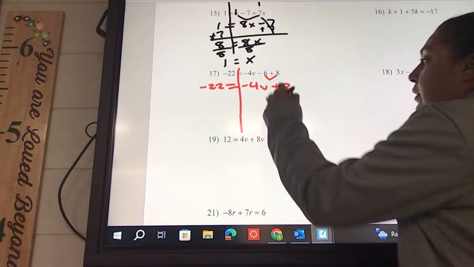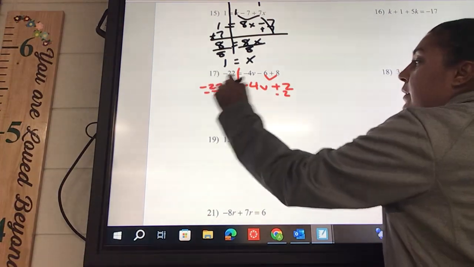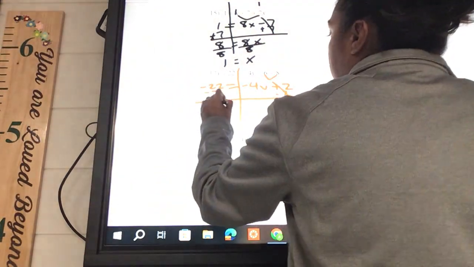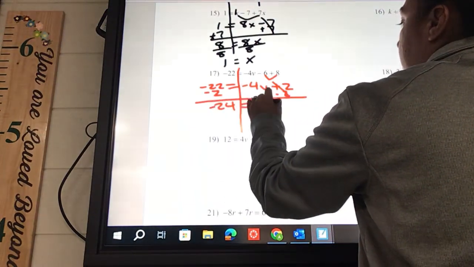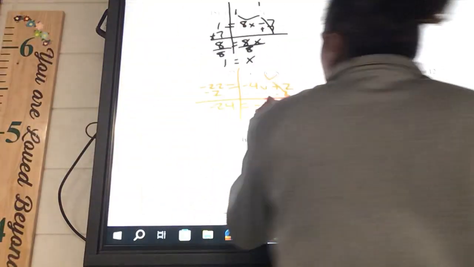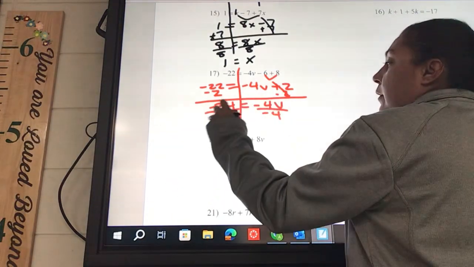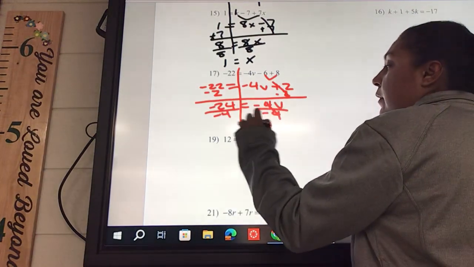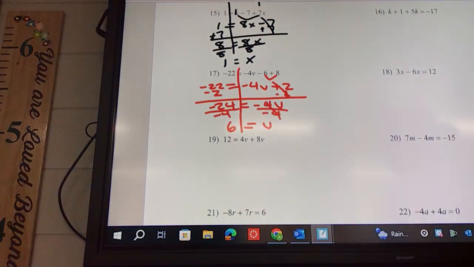The plus 2. So we're going to say minus 2, minus 2. So I'm going to get negative 24 equals negative 4b. And then what? Divide by negative 4. So we're going to get b equals 6.